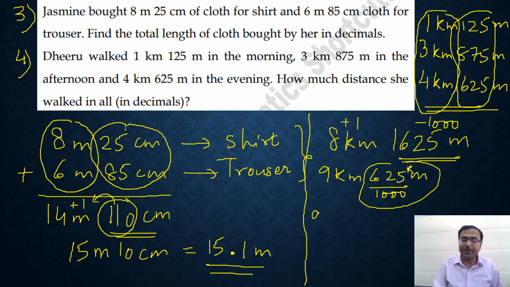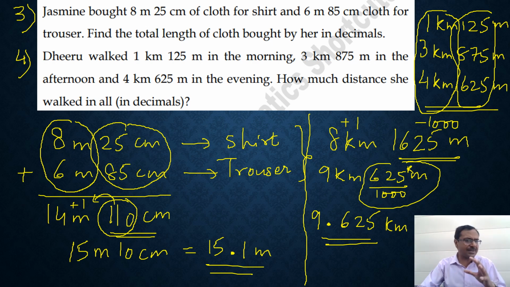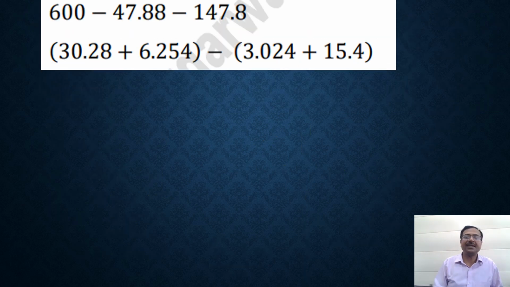So 9 kilometers plus 0.625 kilometer is the answer: 9.625 kilometers is the total distance she walked in all. These are only some parts of the practice PDF which I am showing you. You will find a huge lot of such questions in that PDF, the link of which is given below. So let's see the next one.